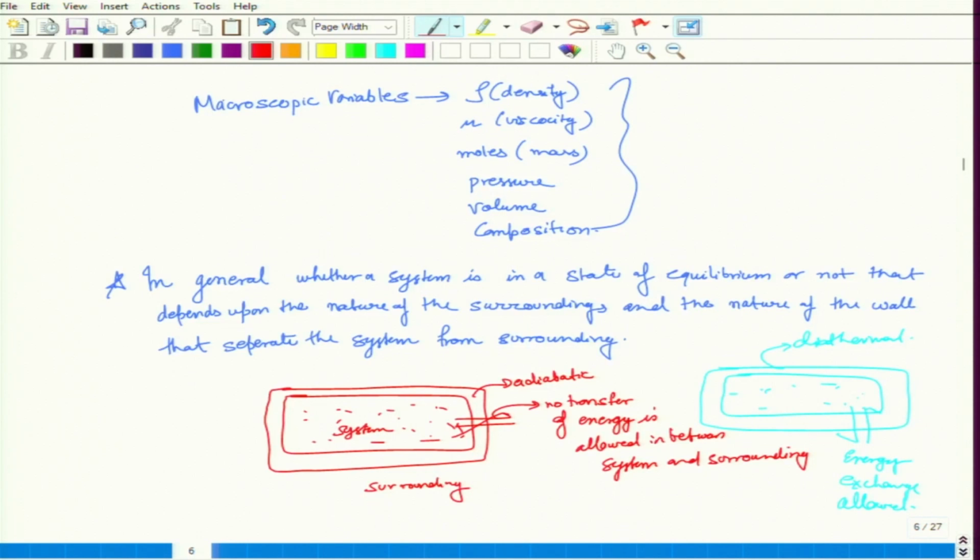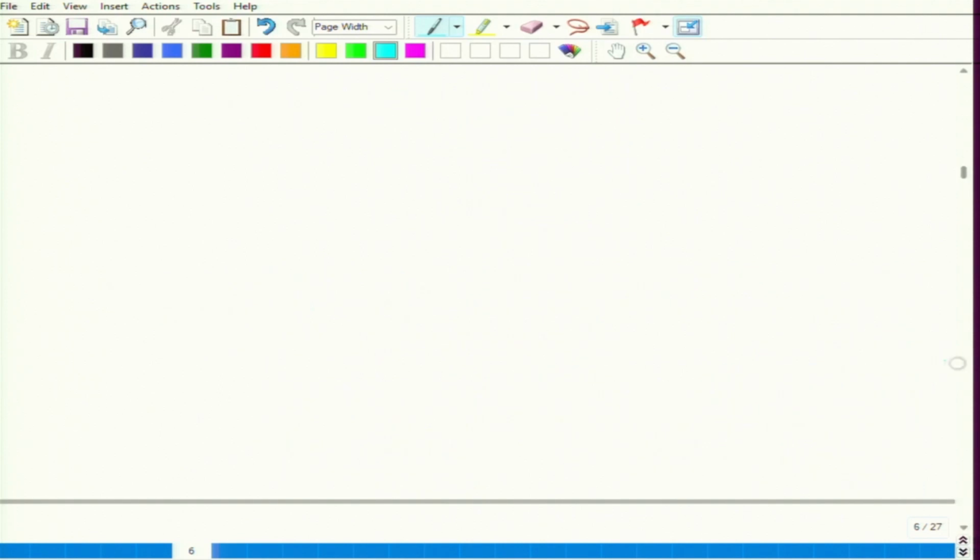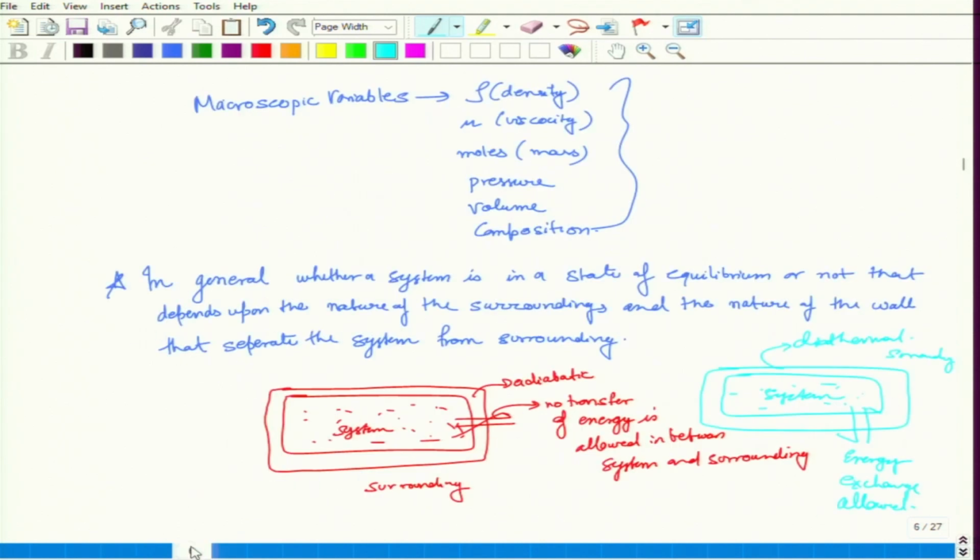But in the case of a diathermal wall, exchange of energy between the system and the surrounding is allowed.